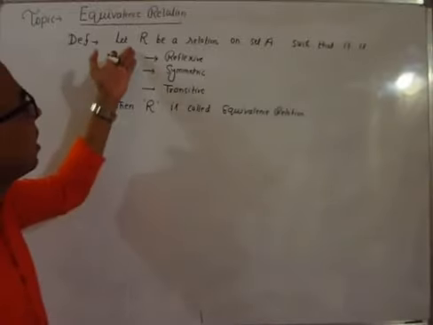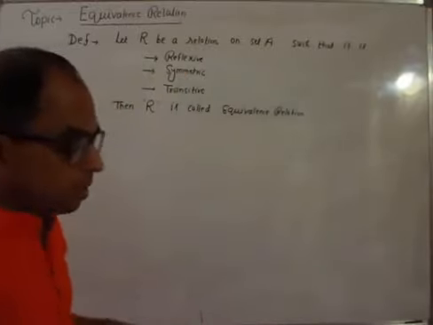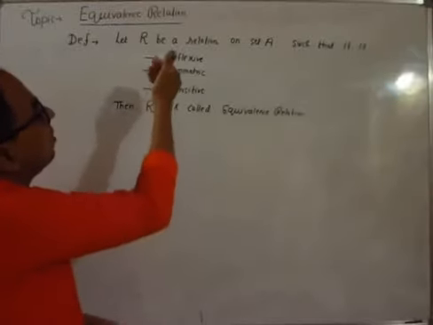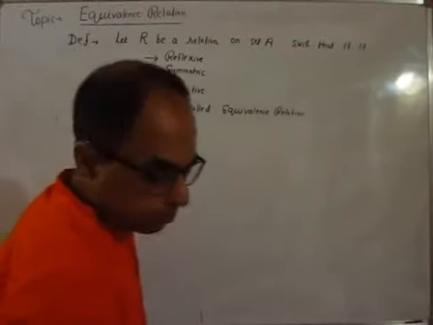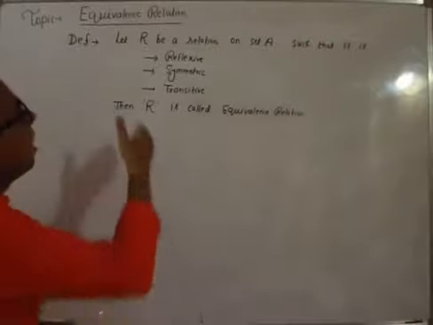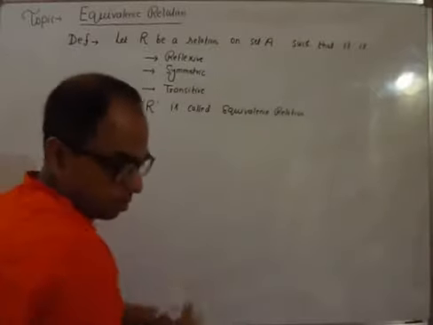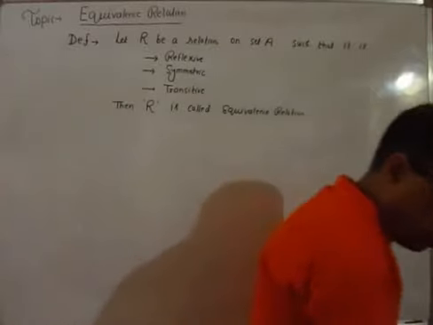Let R be a relation on set A. So let us explain all the terms involved in this definition.